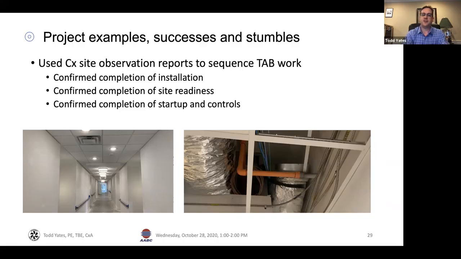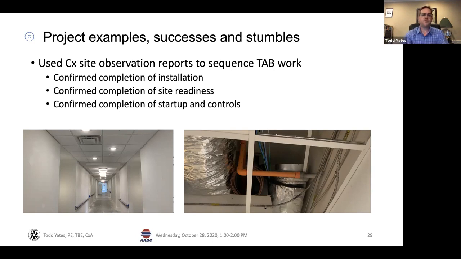And you can see in the second photo that just by looking at their site observation photos, we were able to find things that weren't connected. So then we get to ask the question, over the phone or in a web meeting, what about this area? When's that going to be installed? That brings things to people's minds that they weren't even considering before.